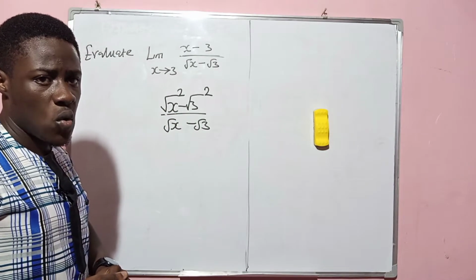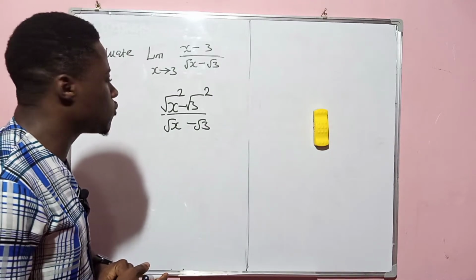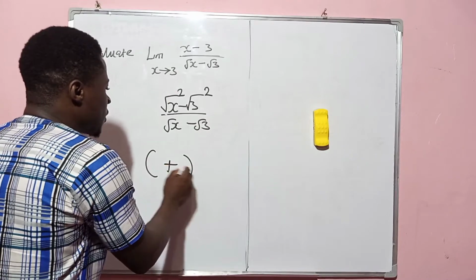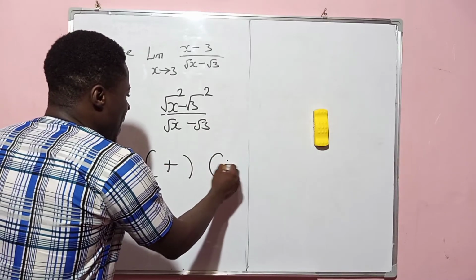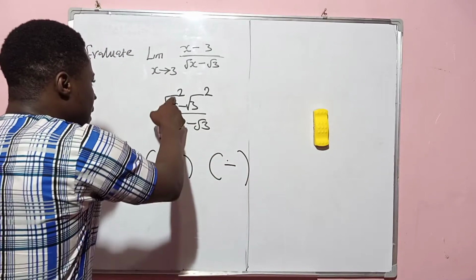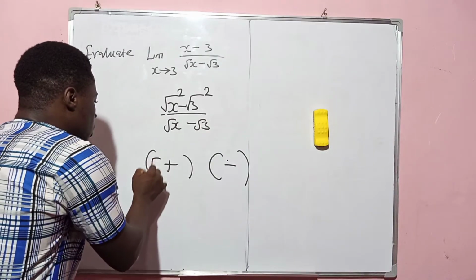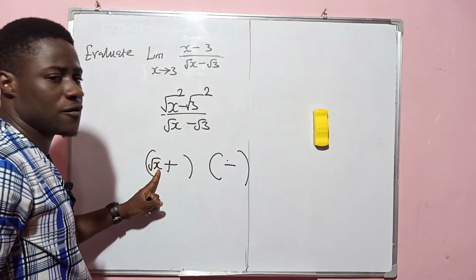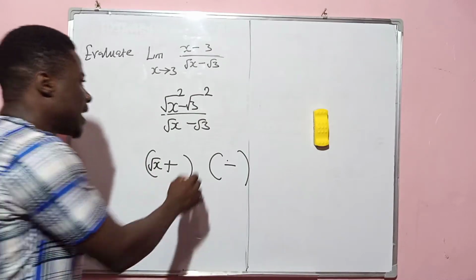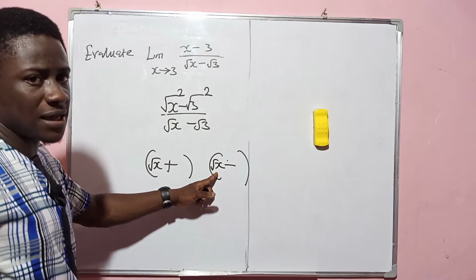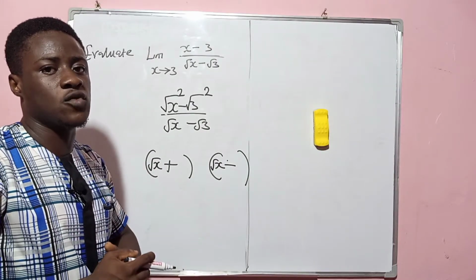At the numerator, I'll just open two brackets, have plus in one, then minus in the other. I have square root of x raised to power 2, which means I can place square root of x on one side of the bracket and square root of x on this side of the bracket, with the knowledge you have of difference of two squares.